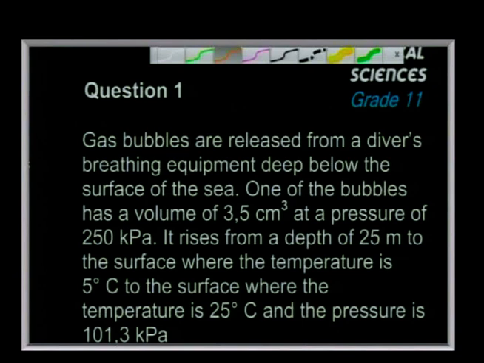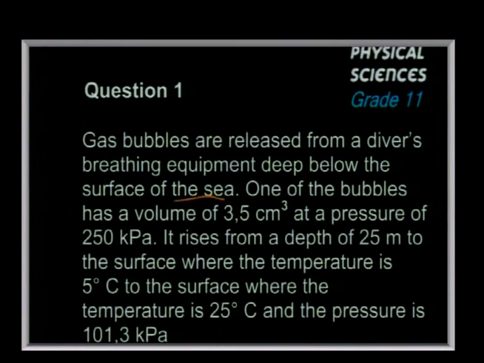Gas bubbles are released from a diver's breathing equipment deep below the surface of the sea. So it's got an indication that it's quite deep. One of the bubbles has a volume of 3,5 centimeters cubed at a pressure of 250 kilopascals.